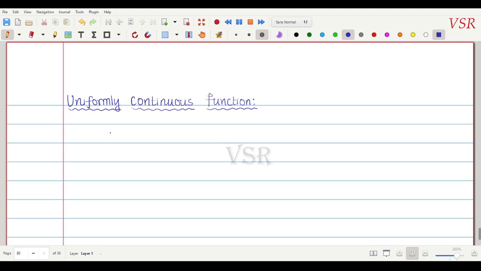So, recall what a continuous function is.